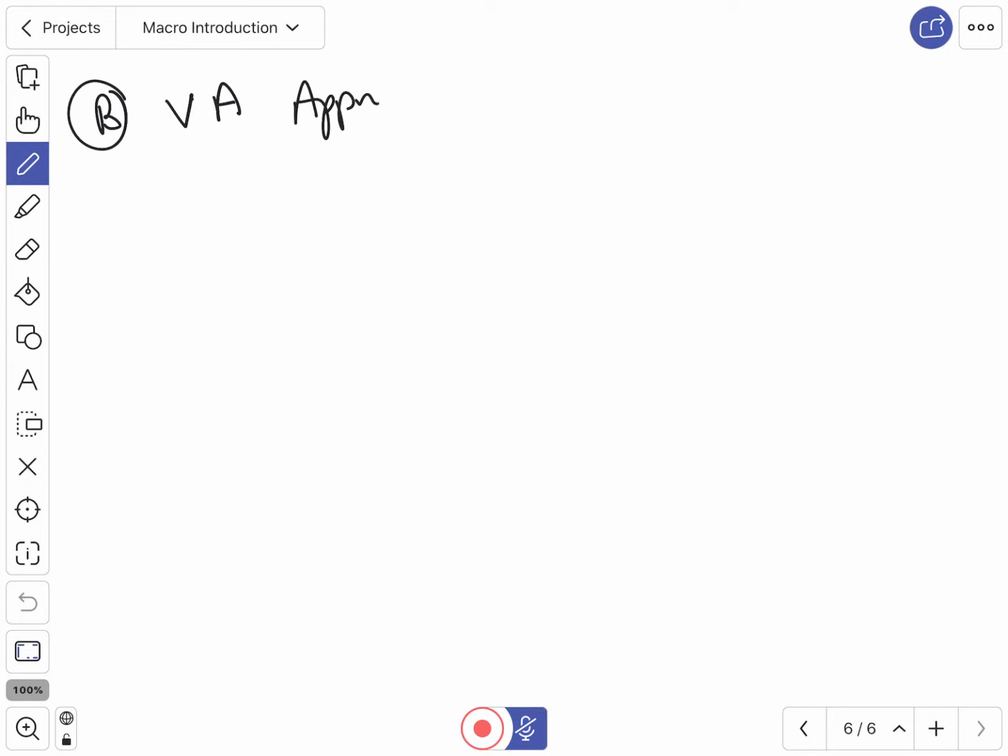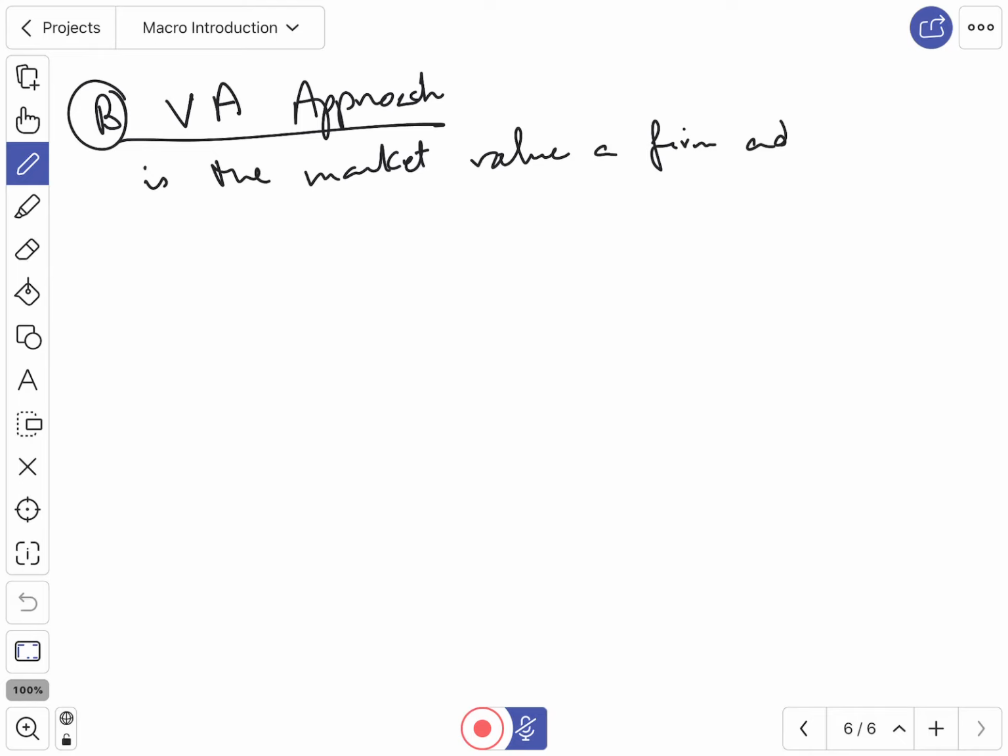approach. The value added approach is the market value a firm adds to a product.